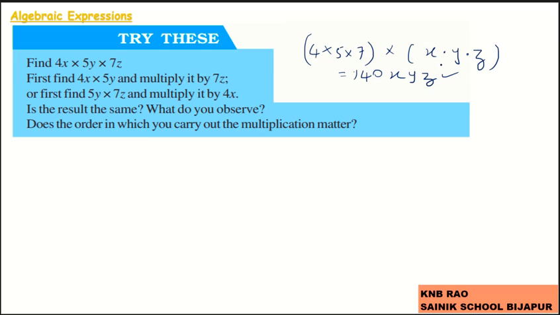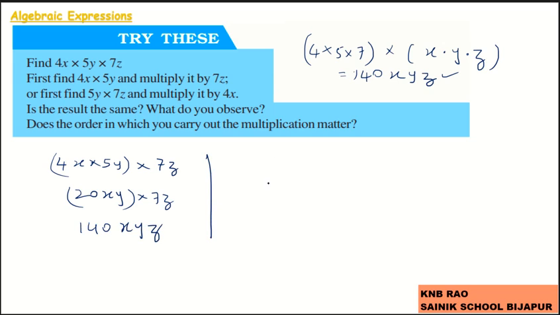So this is the alternative method, but he is asking us to find 4x into 5y first. So if I do 4x multiplied with 5y separately and to that product 7z multiplied, 4x into 5y gives 20xy, into 7z gives me 140xyz.